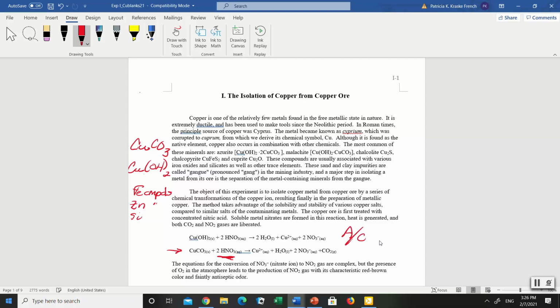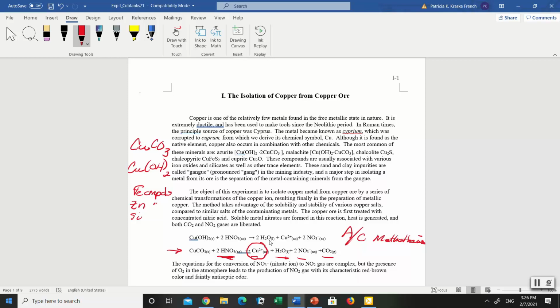That means we're going to end up with carbon dioxide and water, the cation from the carbonate and the anion from the acid. The one we really care about, though, is right here, our copper 2+ that got released from the copper carbonate.